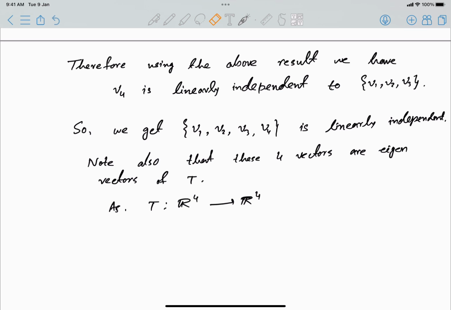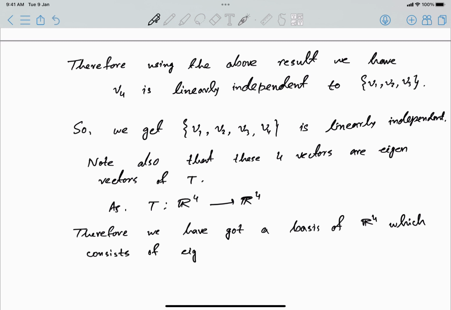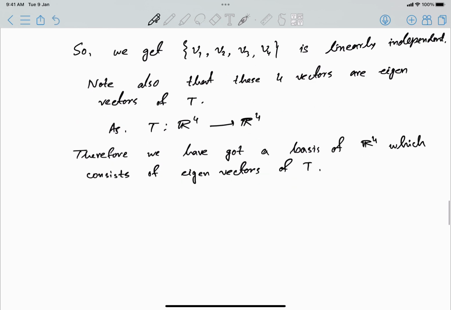So we have got a basis of R4 which consists of eigenvectors of T. So from here we can use a result that an operator T is diagonalizable.